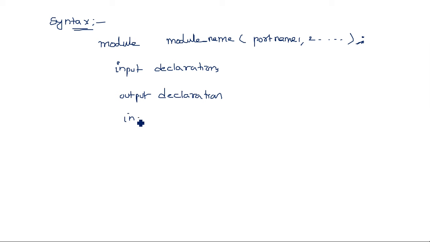And if any intermediate signal is required, then in-out declarations are also used. In-out declaration, net declaration, you know very well about net. Okay, net is nothing but a data type.